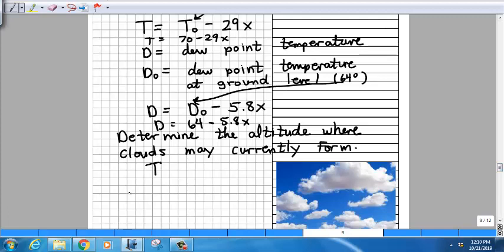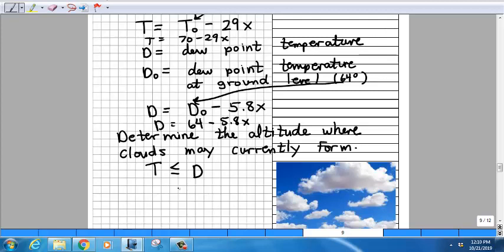So what we're trying to figure out is where the air temperature, which I'm calling T in this example, gets less than or equal to the dew point temperature. It's going to be at that altitude where we can see the clouds, or where the clouds will form. So I'm trying to solve this inequality. That's the inequality I want to solve to answer this question.